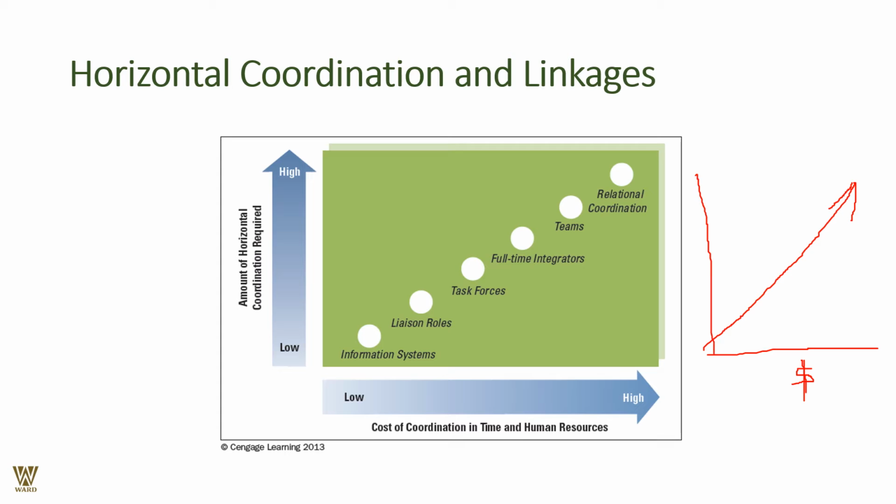On the y-axis comes the coordination or cooperation that is required, the communication. If we say coordination or communication, the capital C comes around here. Now, this is what we are looking for. It's right from information systems to liaison roles to task forces, full-time integrators, teams, relationship coordination, and so forth, required time and again.